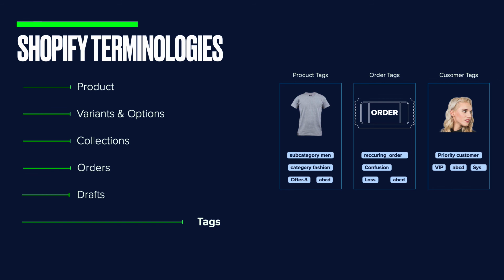So basically tags are used to categorize stuff. In products we use tags to create collections. In orders we use them to classify them. In customers we use them to classify them. Tags are basically a piece of word or a number.